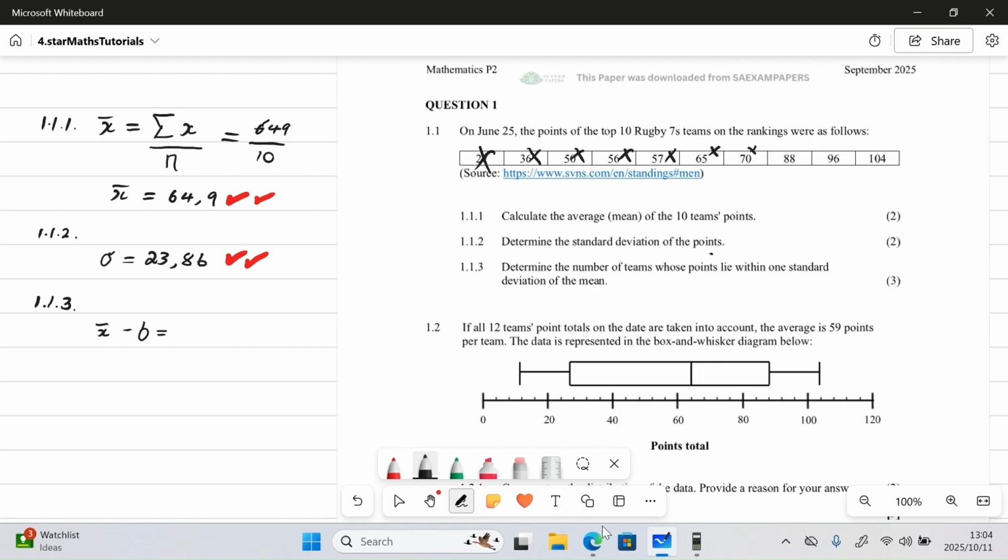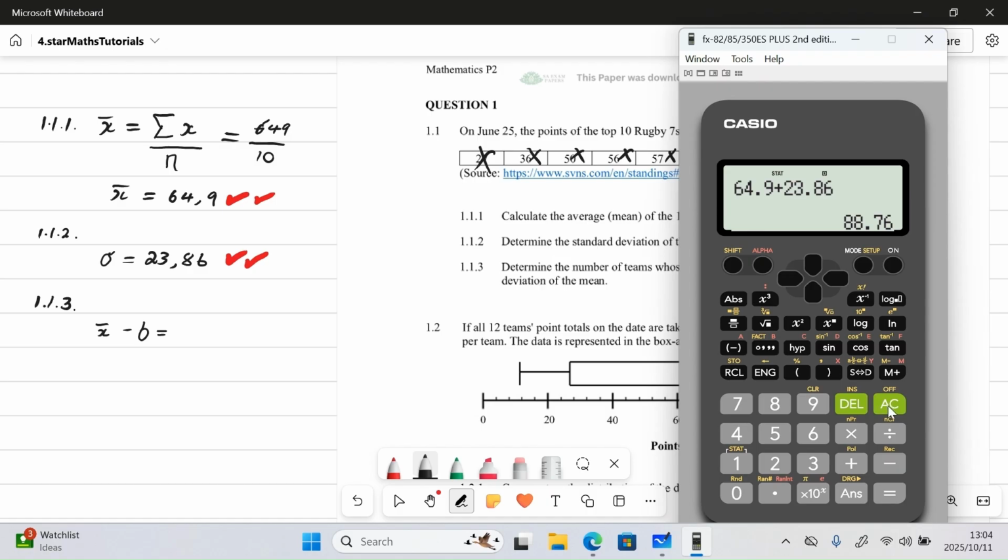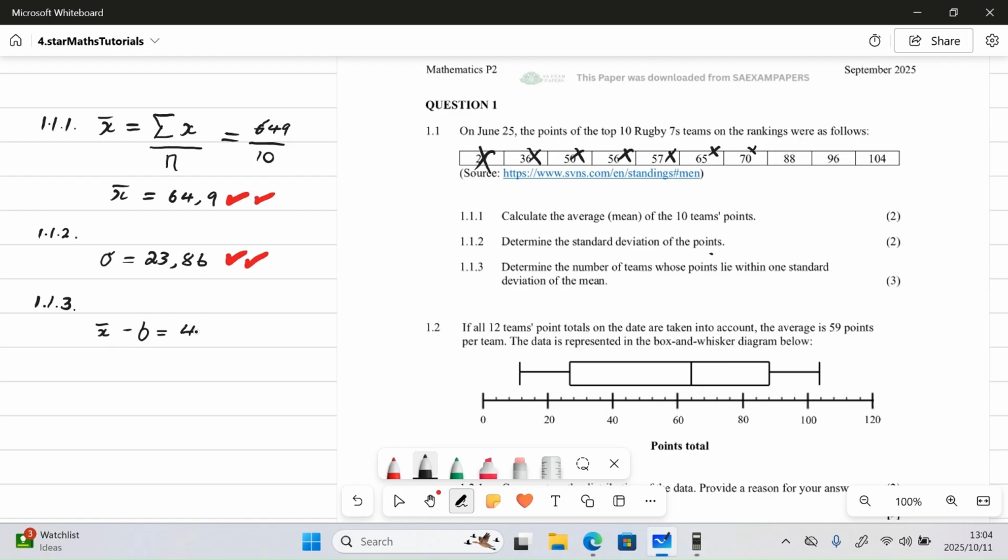Our x bar is 64.9 minus the standard deviation, which is 23.86. So we get 41.04.